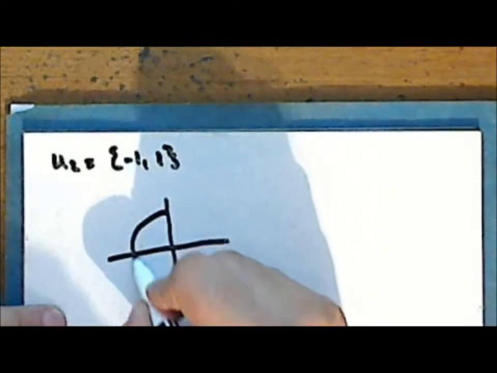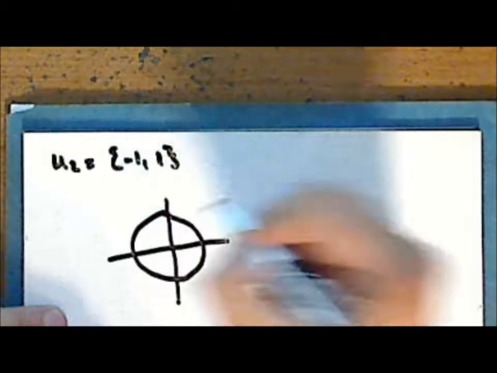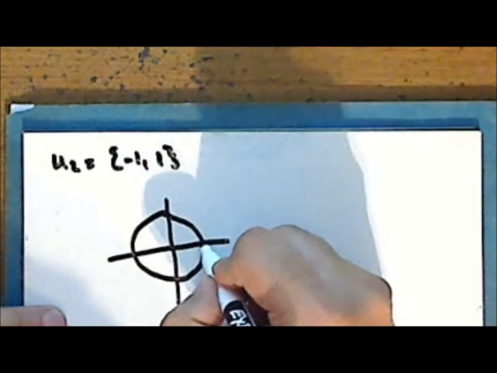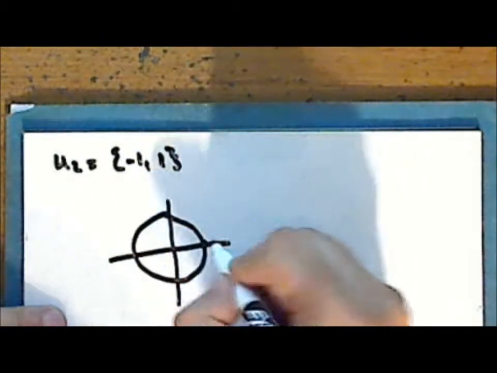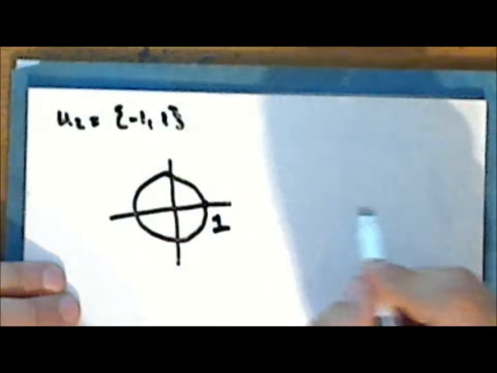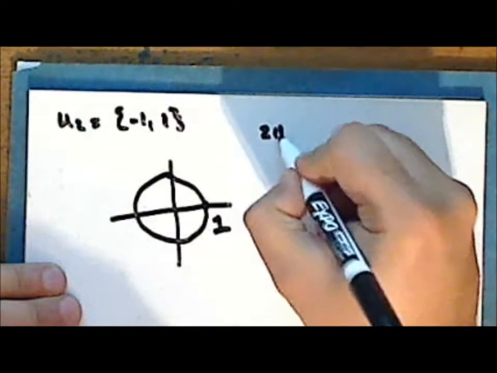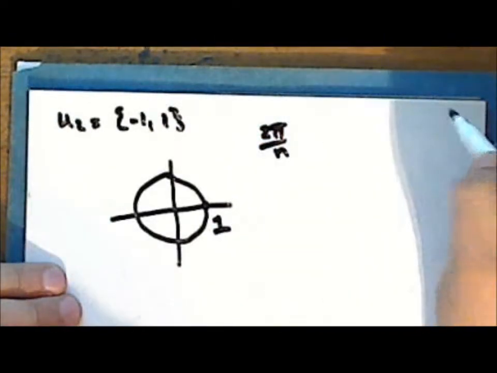The nth roots of unity will always occur on a unit circle in the complex plane. One of the nth roots of unity will always be the real number 1. Now, in general, the nth roots of unity will occur 2 pi divided by n radians apart.